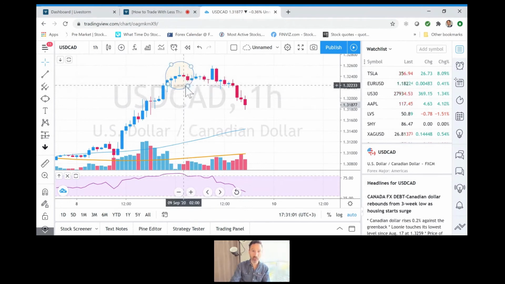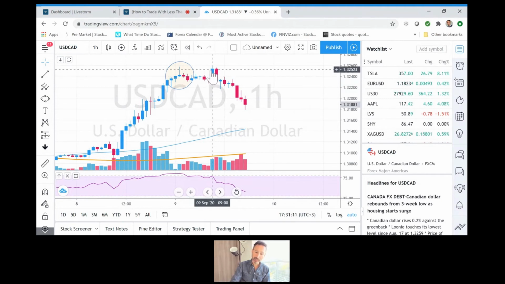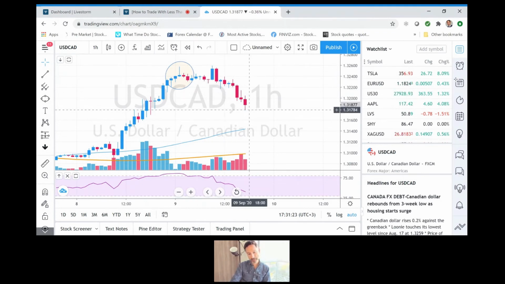That's where I'll jump in the short. Or this confirmation came a few hours after, 1, 2, 3, 4, 5, 6, 7, 8 hours later. The buyers tried to make a new high and come back, but engulfing candle. So we have one reversal signal, confirmation that we're right, that the market is actually reversing, and look what happened.